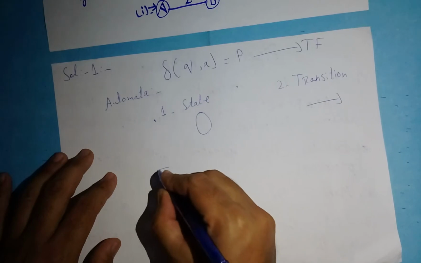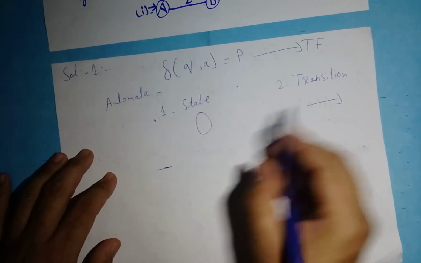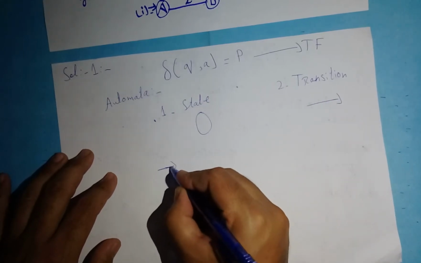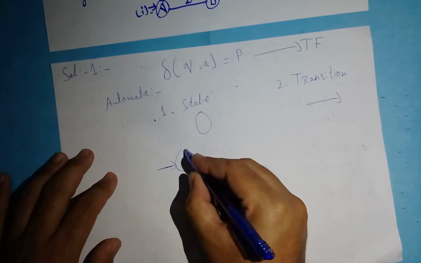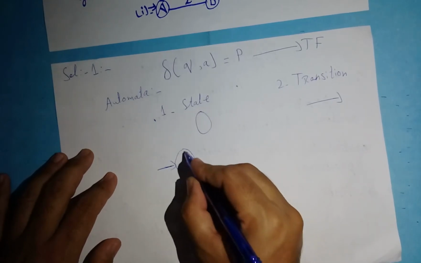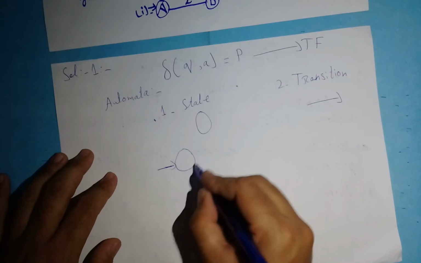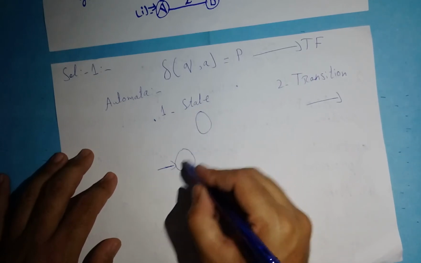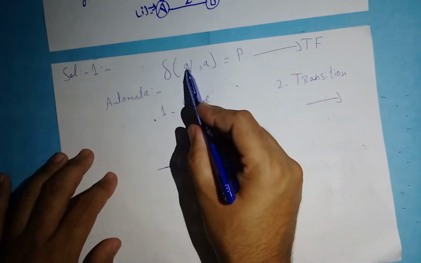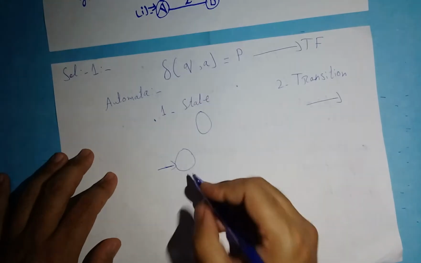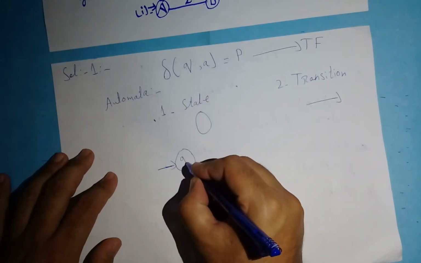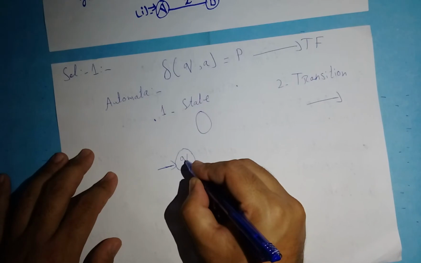So your automata starts with the sign of the state, and since the first variable in the bracket is q, it means the first state of the automata is q.